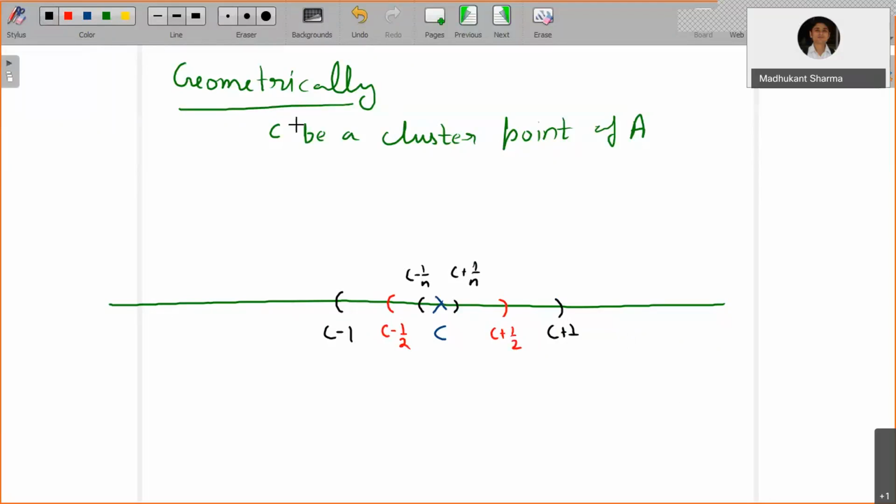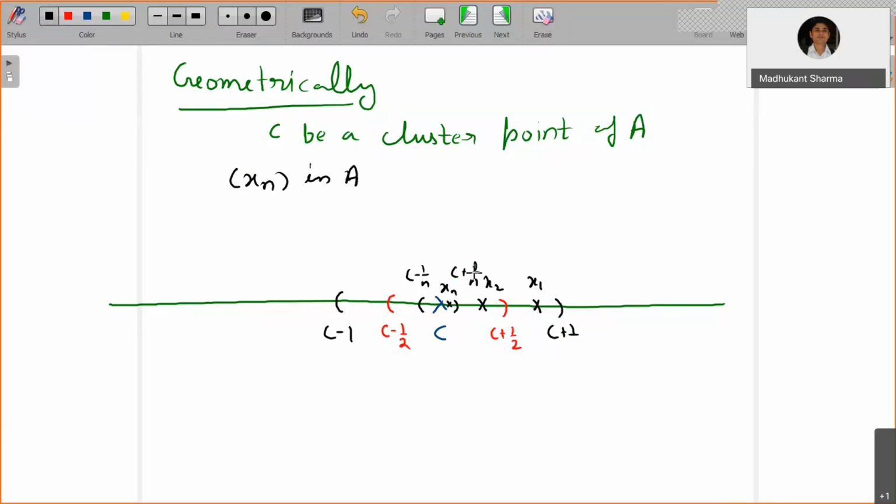What is happening is, if C is a cluster point of A, then you will always be able to identify a sequence xn in A such that x1 may be on this side or that side, then x2 will be here, and so on. xn gets closer towards C as n goes to infinity.